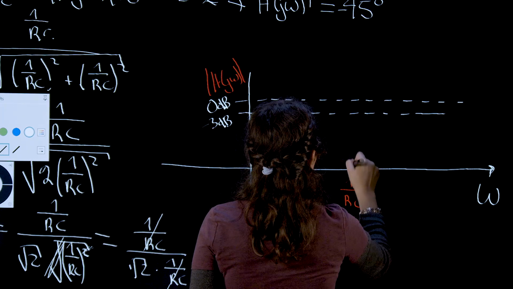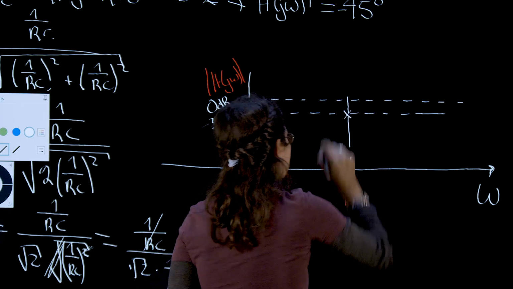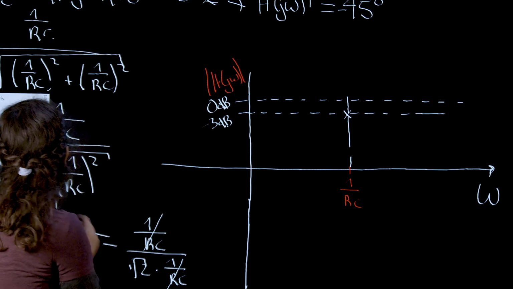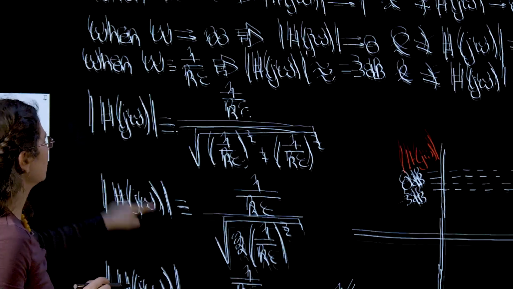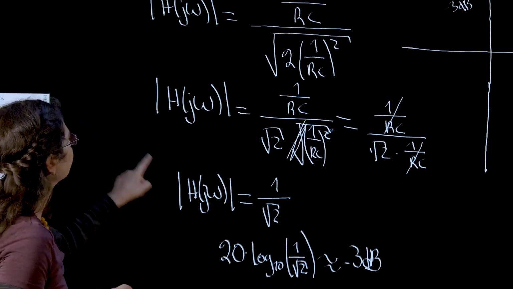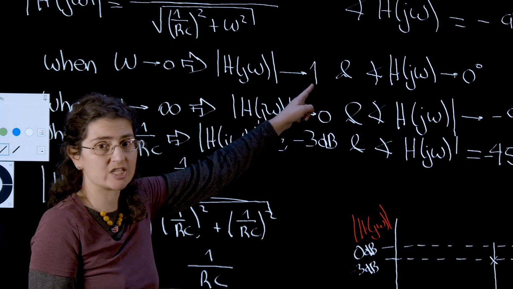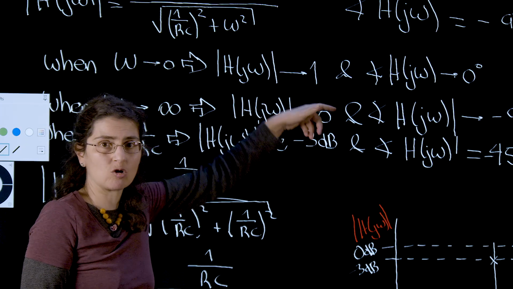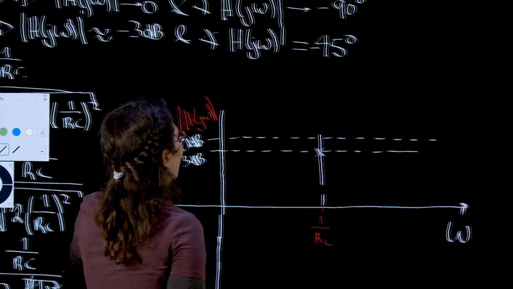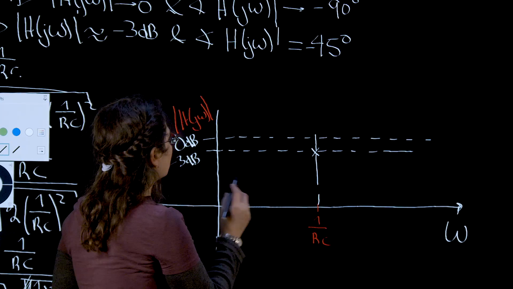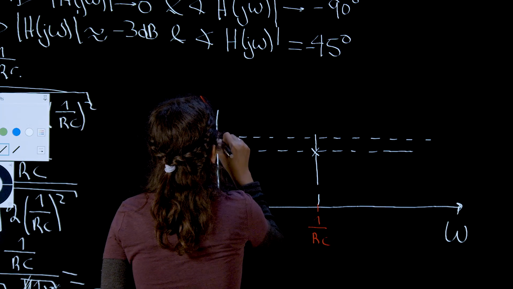So at my special frequency, my amplitude is minus 3 dBs. Below that, my amplitude is 1, which is basically the input equal to the output, so I have 0 dBs. And above that, my amplitude starts coming down until at infinity it's basically 0.